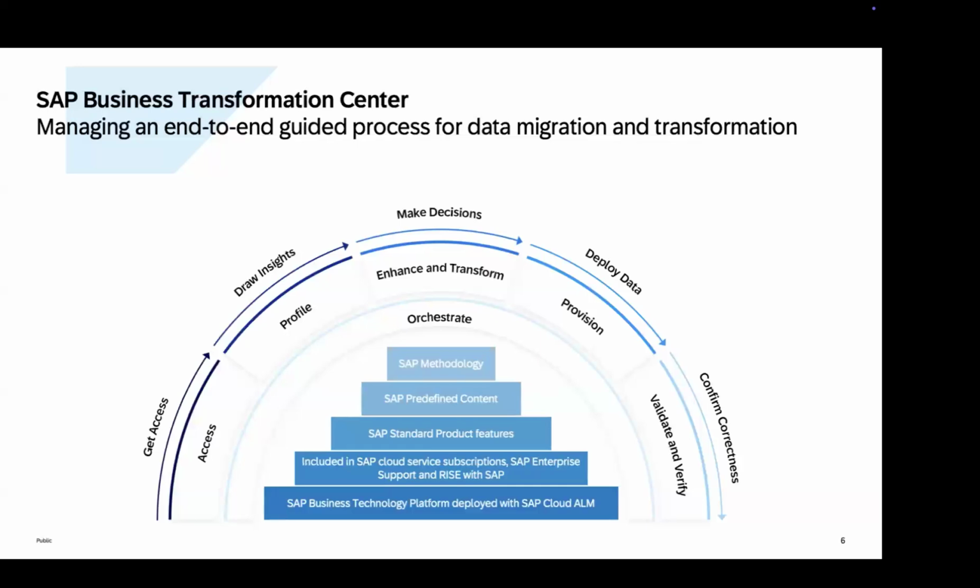So whether it is about drawing insights, profiling the data that they have in their current traditional SAP ERP focused landscape, over to the typical enhance and transform topics where we see the classical tasks about extracting, transforming, loading the data to the new target environment, which is S/4HANA Private Cloud in our case.